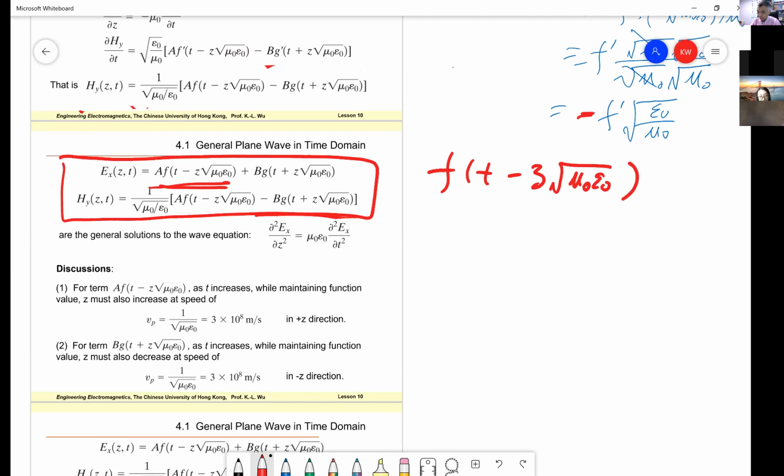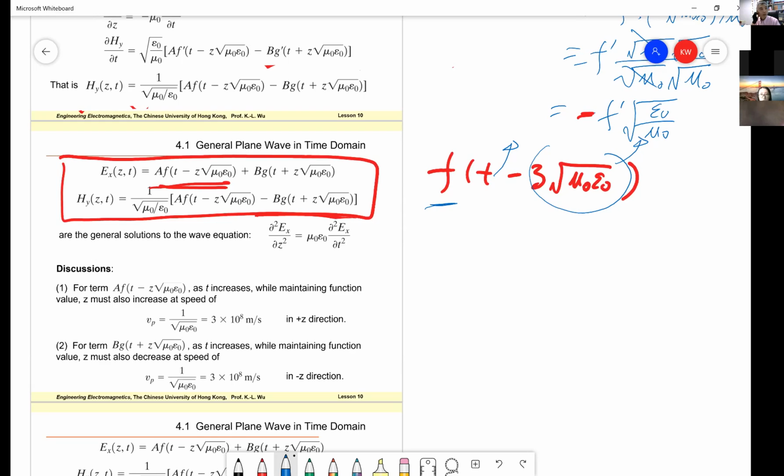If time increases, and time always increases, time can never be decreased, then in order to keep the function f unchanged, what I should do is this also needs to be increased.